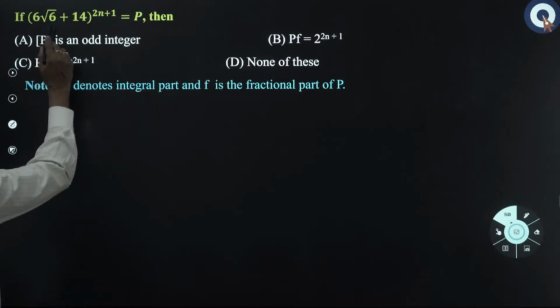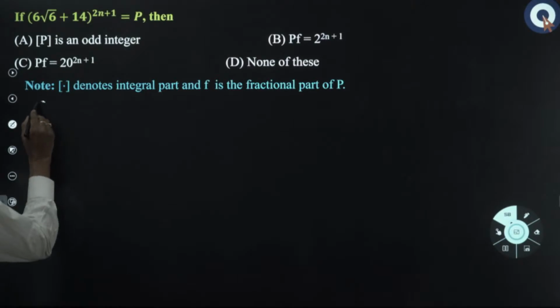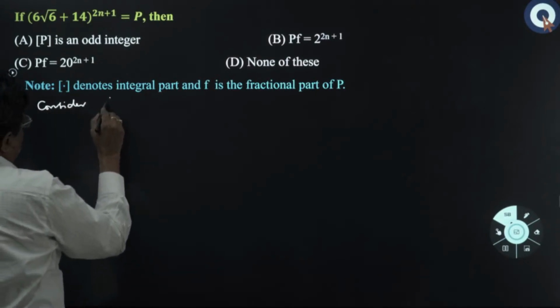The next one, P is equal to (6√6 + 14)^(2n+1). So let us consider 6√6 minus 14.